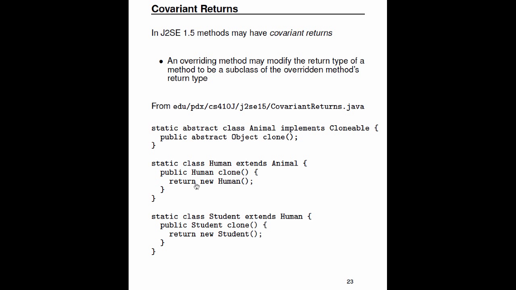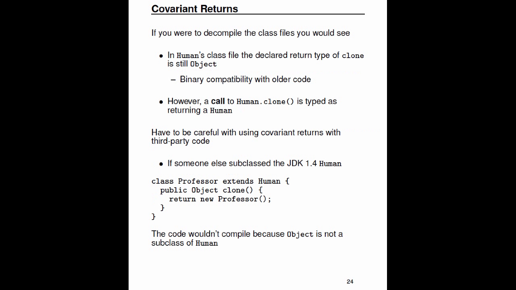What this allows me to do is to say, hey, return new Human. And then if I have an instance of Human and I clone it, I don't need to cast anymore. Similarly, I can go down the class hierarchy, and my clone method of Student can be typed to return Student. So this makes things easier because you don't need to do as much casting, and also makes it much more explicit what's happening with a method like clone.